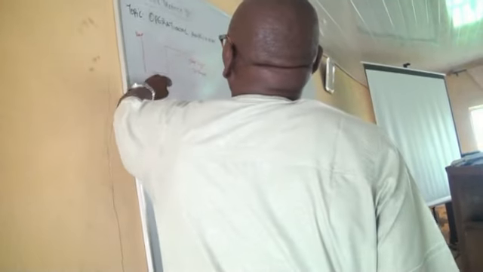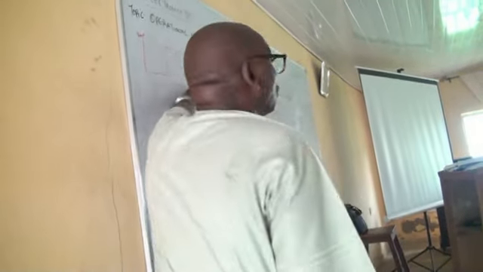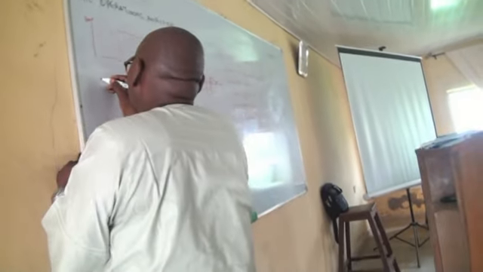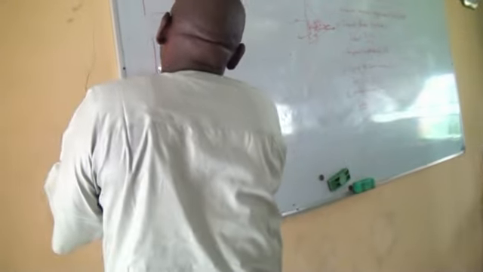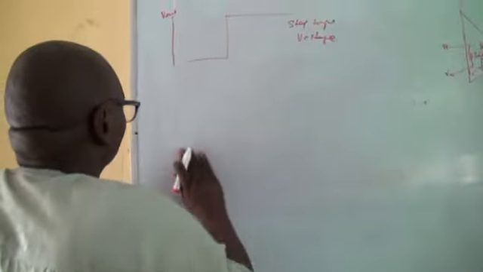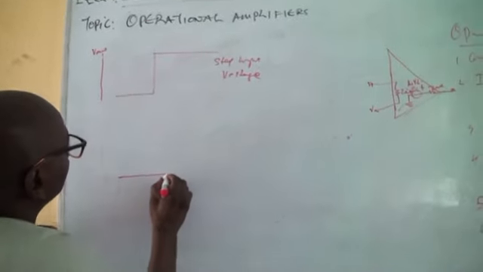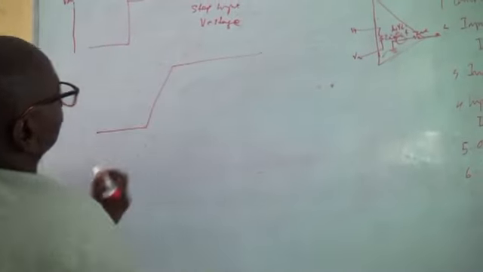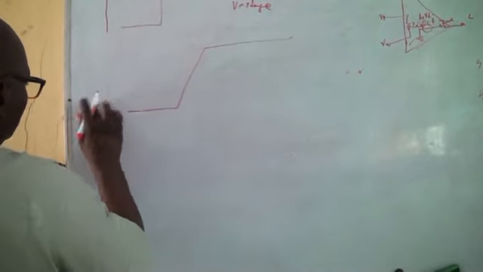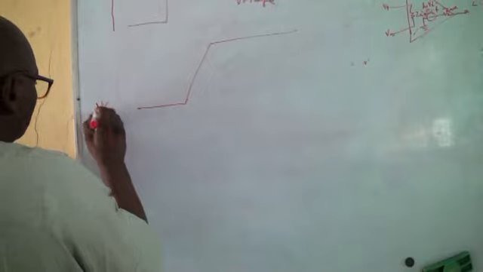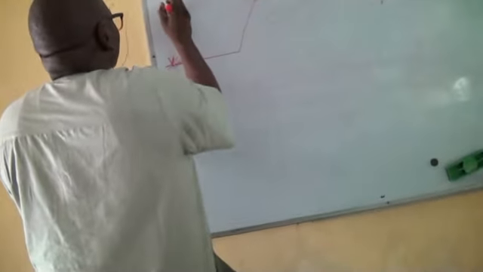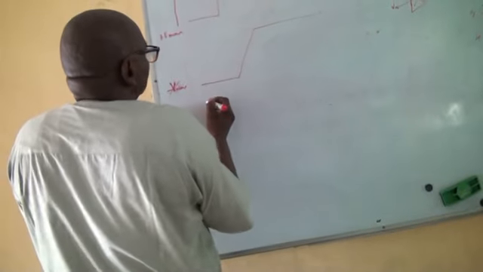So what changes when there's a step input voltage? What happens to the output voltage? The next diagram will define it in detail for us to see what you are going to have. This will be minus V max, and this will be plus V max.